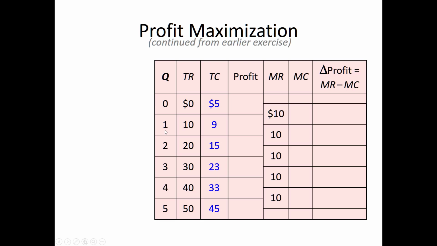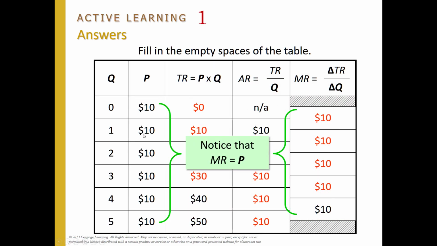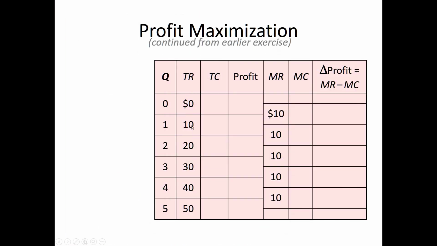That's the fixed cost, the cost you have to pay even if you don't produce anything. Then, if your quantity is 1, total revenue, we got it from the previous slides. Total revenue is 10. That's this column here that it's copied here. And we are assuming that the total cost is 9. If you produce 2 units, we saw that total revenue is 20, and we are assuming that total cost is 15, and so on.